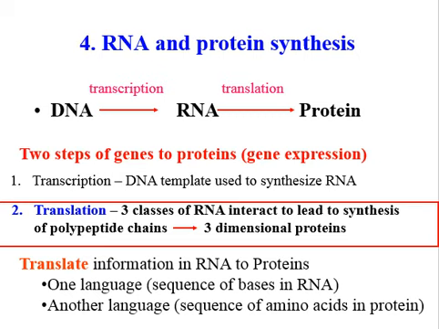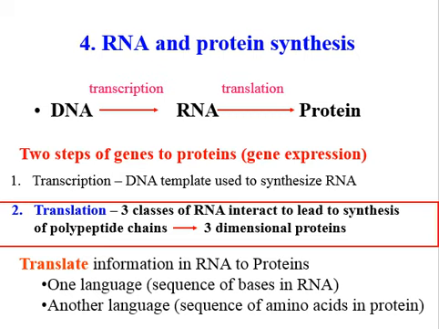The first step of expressing a gene, so taking the information in DNA and making a protein, is transcription. That's where we are right now. You've kind of copied the blueprint that's in DNA to some form that you can leave the nucleus with, which is RNA.